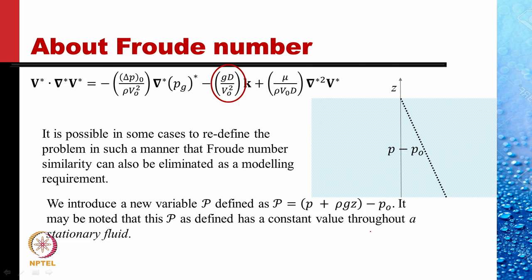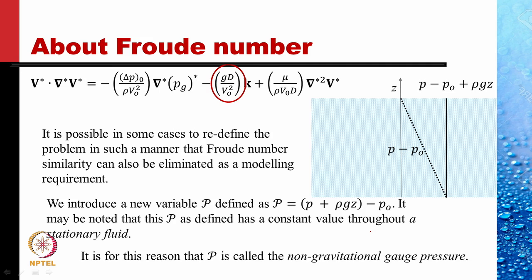If we subtract from this the value of rho g z and formulate the variable P minus P naught plus rho g z, we observe this to be constant. Thus, in a stationary fluid, the pressure P minus P naught plus rho g z is constant. This is why this is termed the non-gravitational gauge pressure.